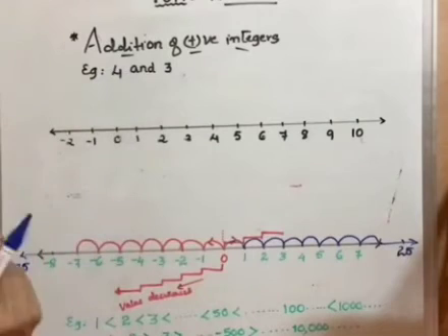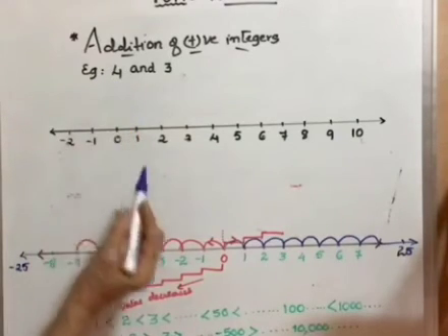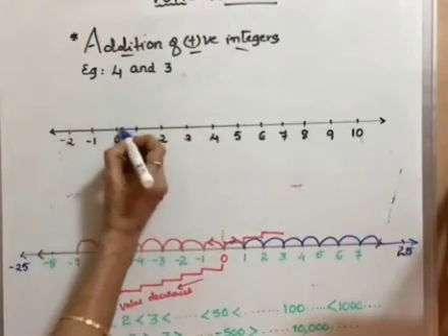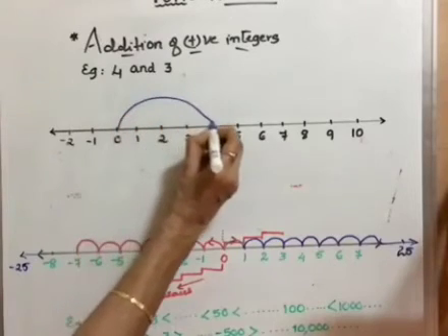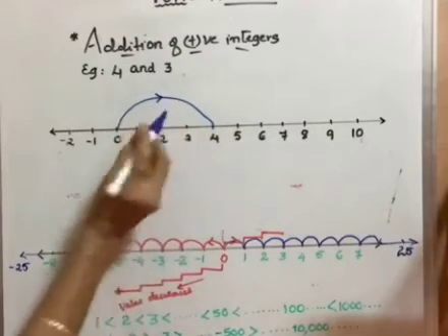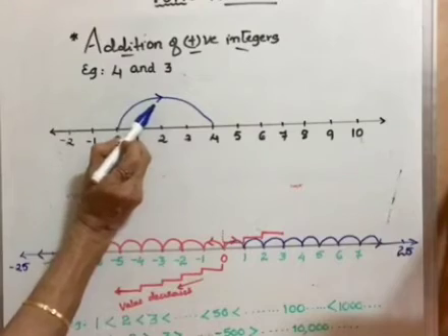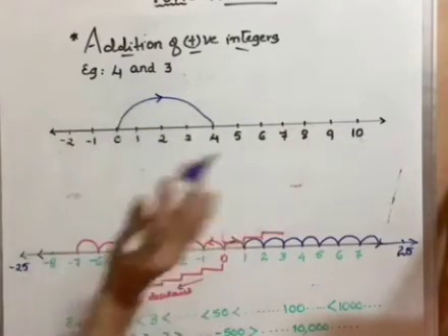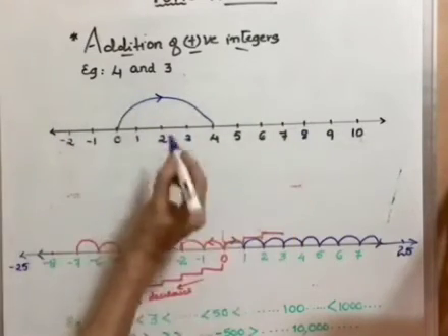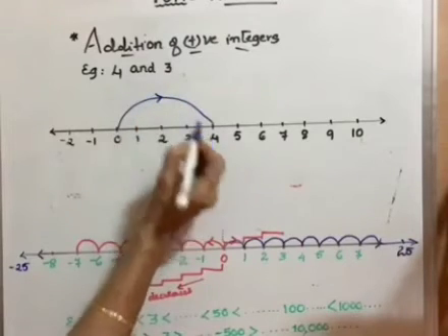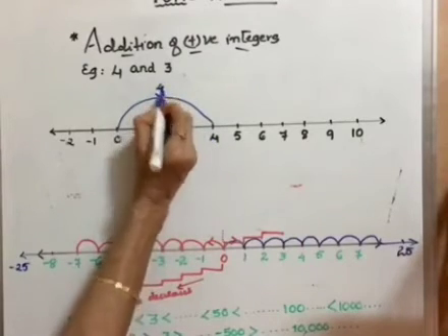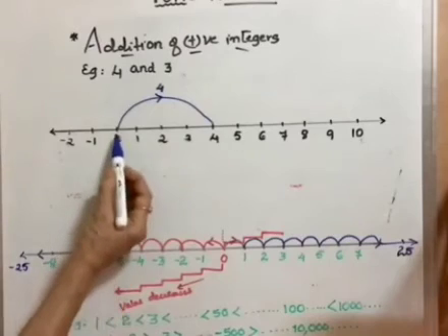Look at 4. This is positive. So, from 0, I go 4 steps towards my right. This arrow is very important. It shows which direction you are moving. We are moving towards the positive sign. So, I have written 4. Always from 0, children.